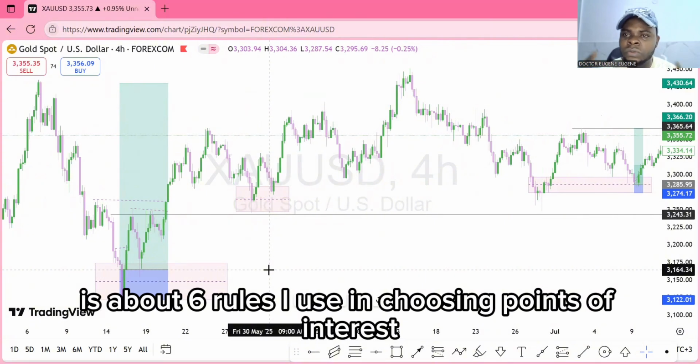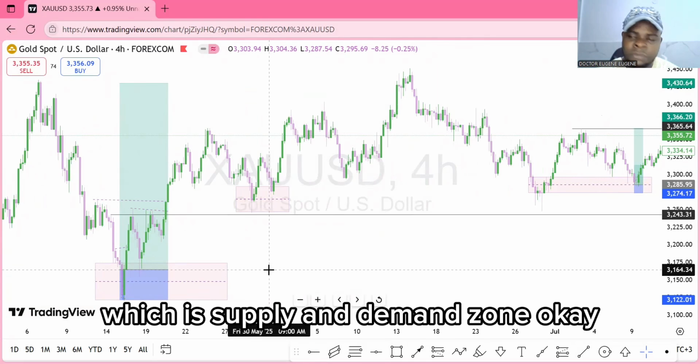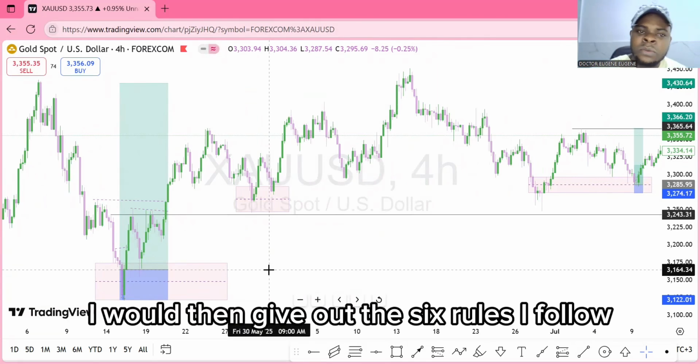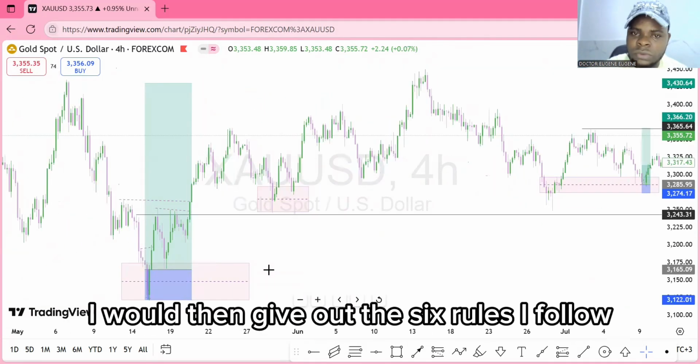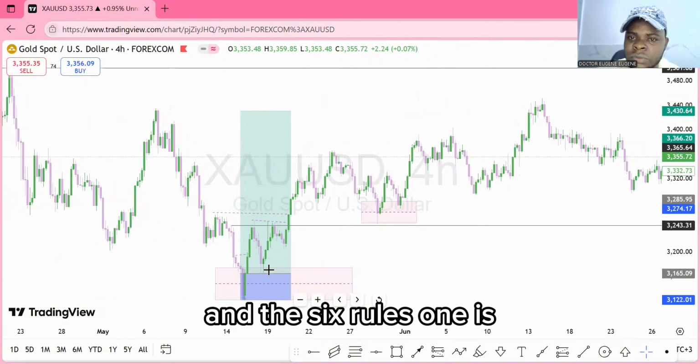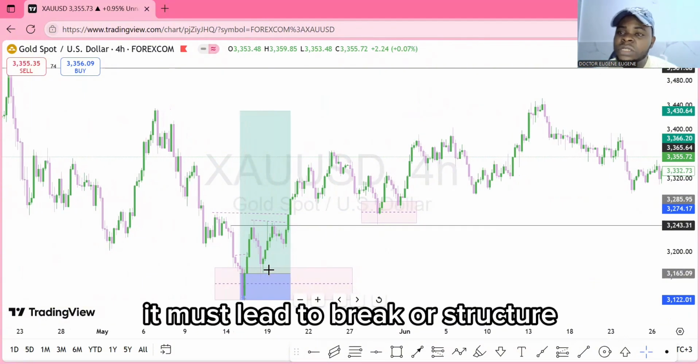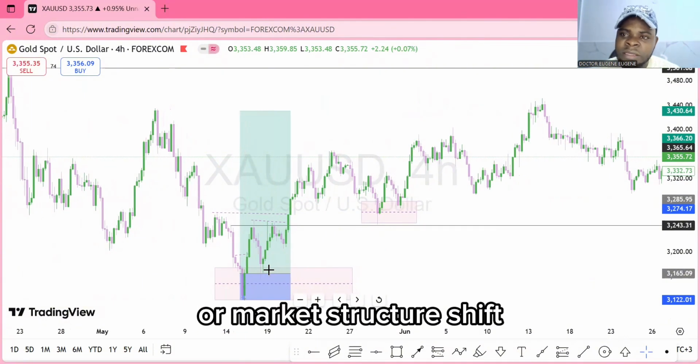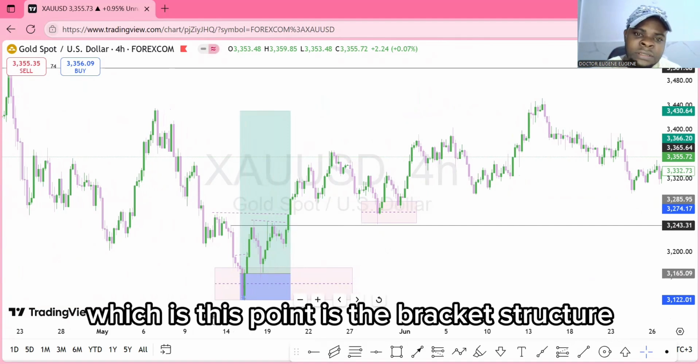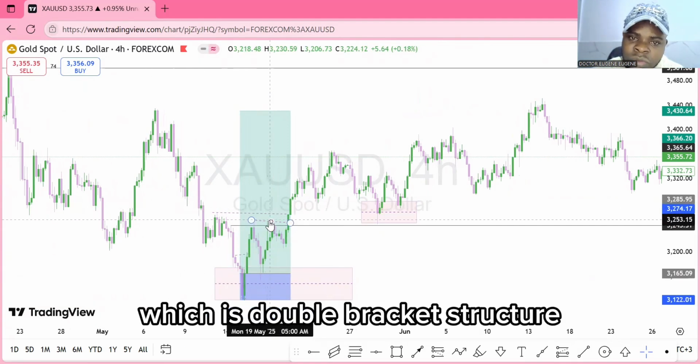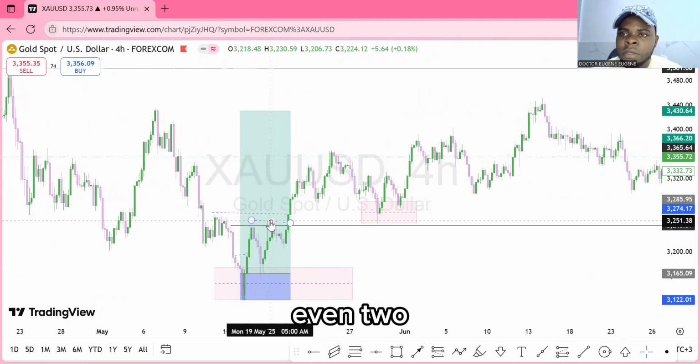It's about 6 rules I use in choosing the points of interest, which is supply and demand zone. I will then give out the 6 rules I follow. And the 6 rules, one is it must lead to breakout structure or market structure shift, which is this point is the breakout structure, which is double breakout structure even.